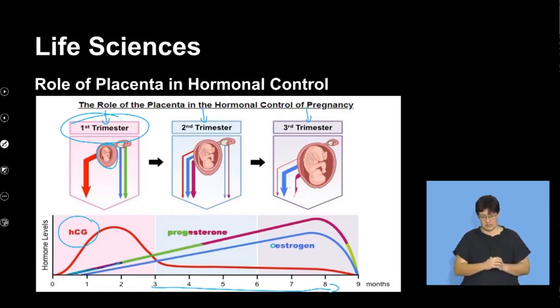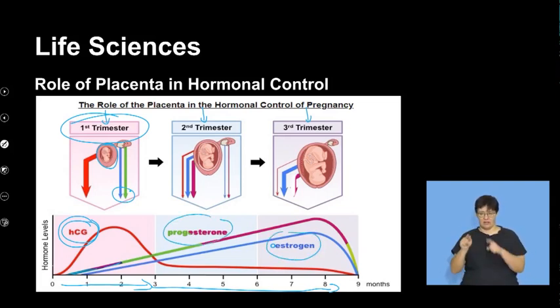So during the first 3 months of development, we see an increase in human chorionic gonadotrophin. When we look at the other 2 hormones, illustrated in blue and green, which are progesterone and estrogen, we see a gradual increase in these 2 hormones during the first 3 months.